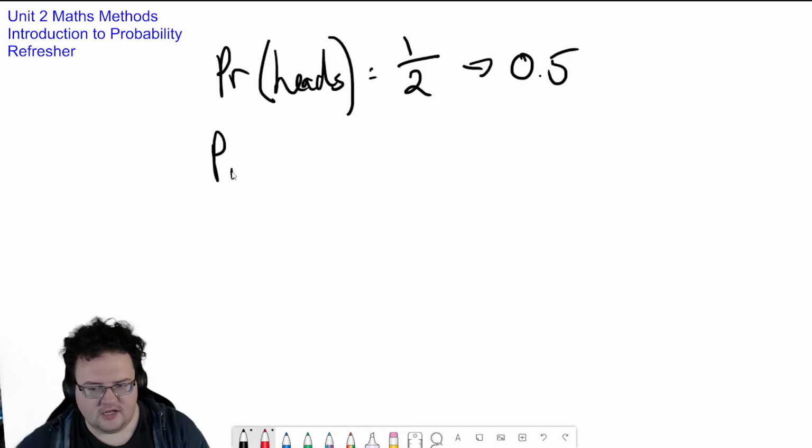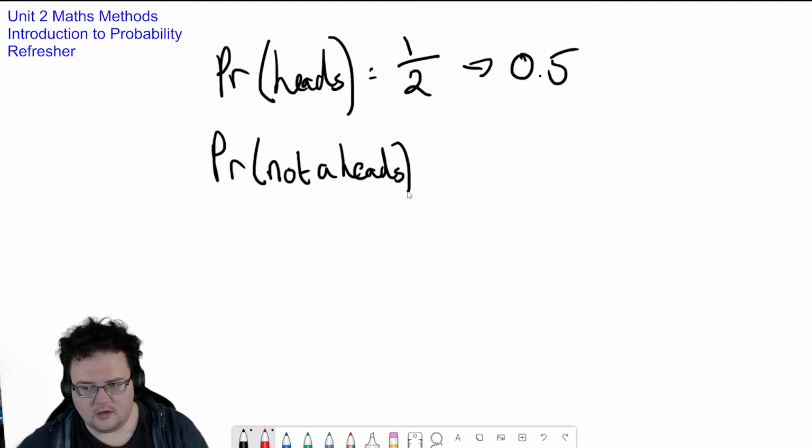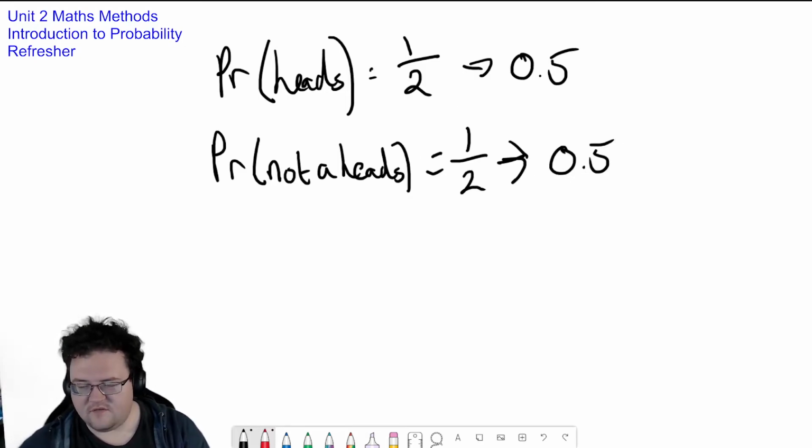What is the probability that it's not a heads? How many possible outcomes on a coin are not a heads? Well, there's also only 1 out of 2. If I add those 2 probabilities together, I get 1.